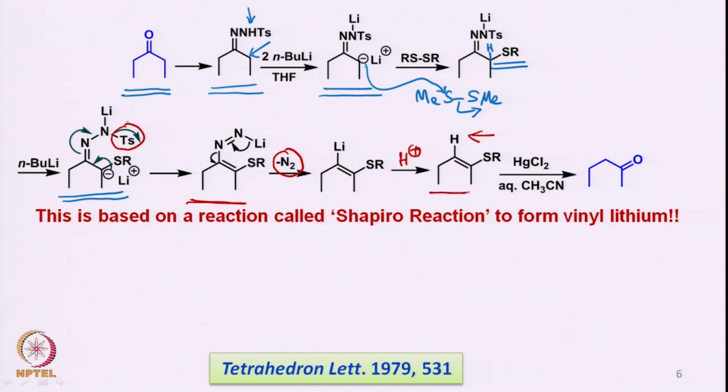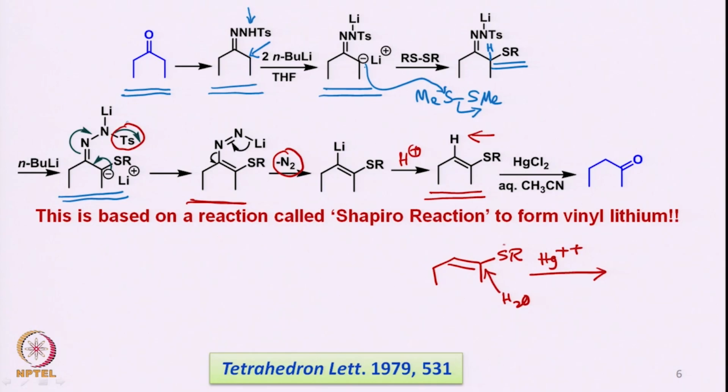Now this is a vinyl sulfide that can be easily hydrolyzed with the help of mercury chloride, Hg++, in aqueous acetonitrile. Essentially, the SR group being soft, the sulfur interacts with the Hg++, followed by the attack of water at this center.